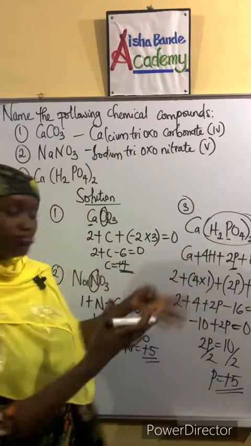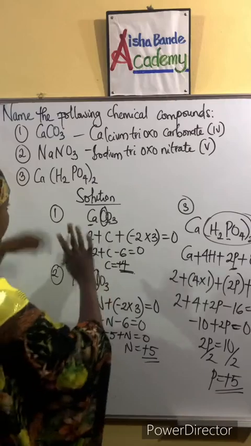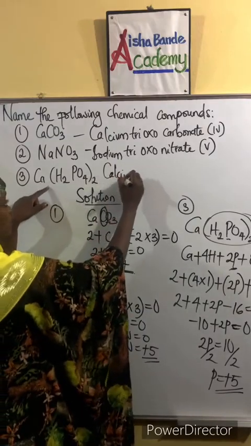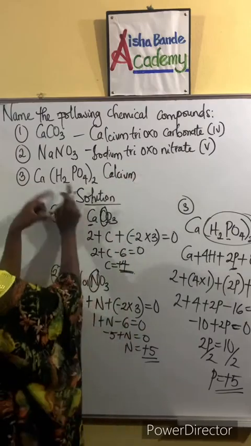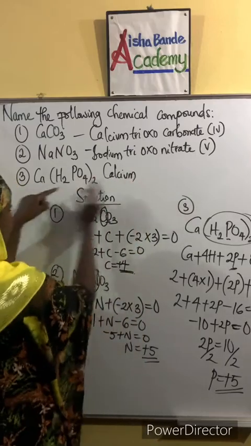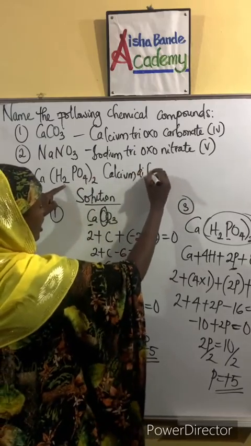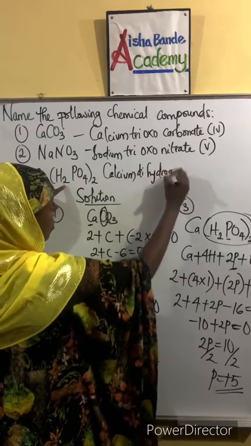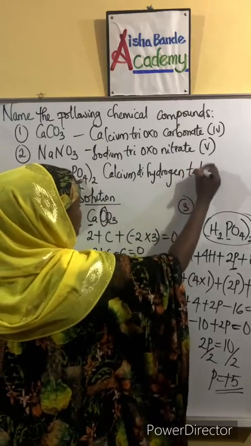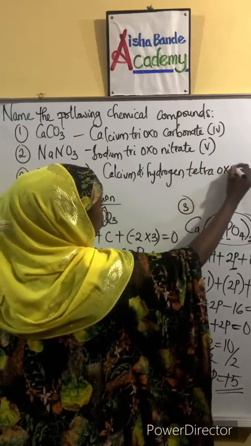So now let's name the compound. Naming this compound, we have Ca. Ca means calcium. Hydrogen here is di. Di means 2. So calcium dihydrogen. Then here is 4. 4 means tetra. So this is tetraoxo.